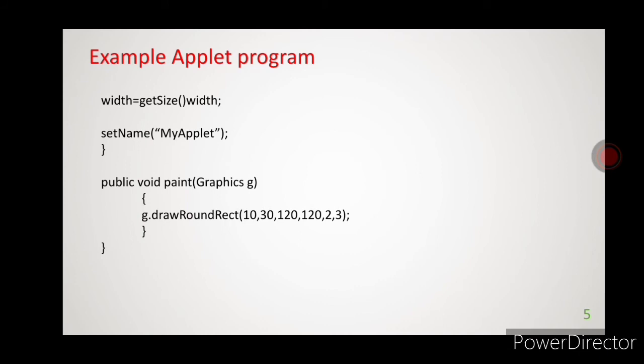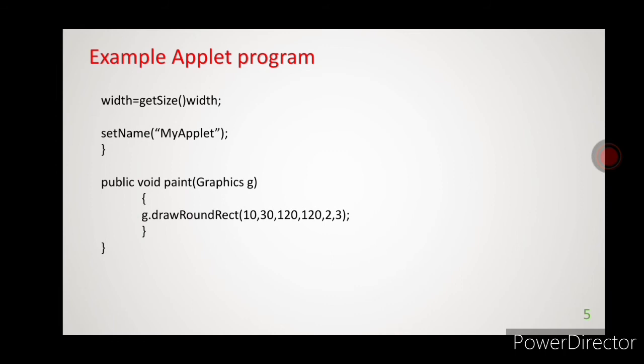Here we are not calling the start method, stop method and destroy method. By default those will be called. It is not necessary to explicitly call those methods. Next we need to draw a rectangle as an output, right?